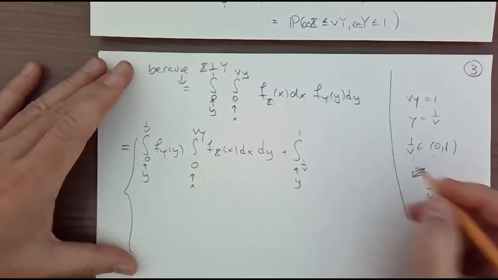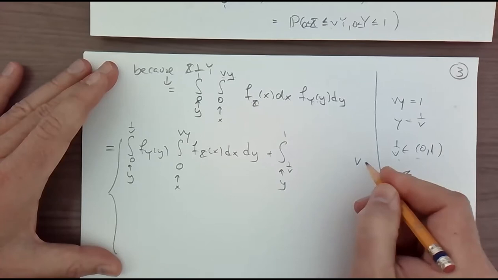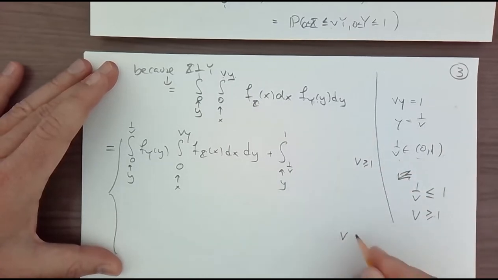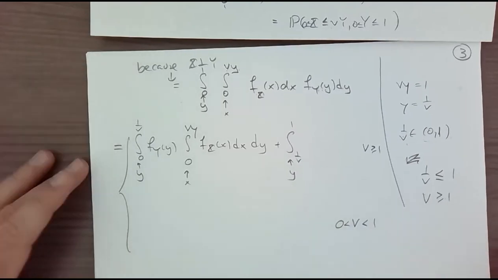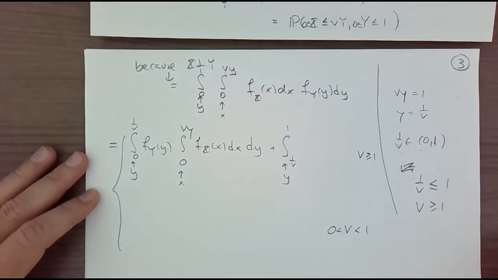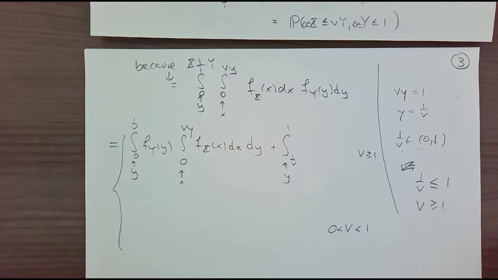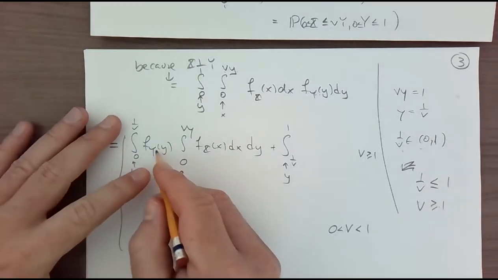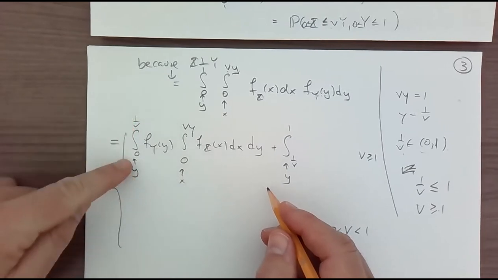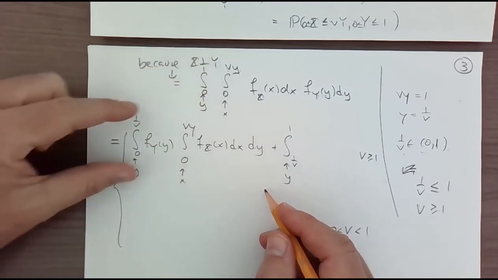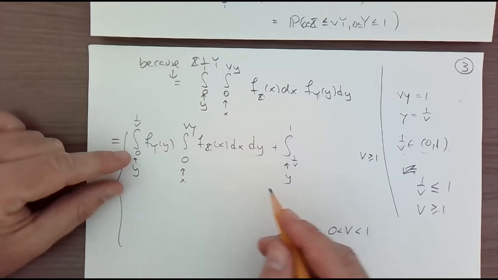Okay, so this expression up here is going to be a couple of things. So this is when v is bigger than 1. And there's going to be something else when v is less than 1 and positive, of course. Okay, so let me plug in the rest. I'll have that 1 over v is between 0 and 1, so I could break the interval from 0 to 1 into two parts.